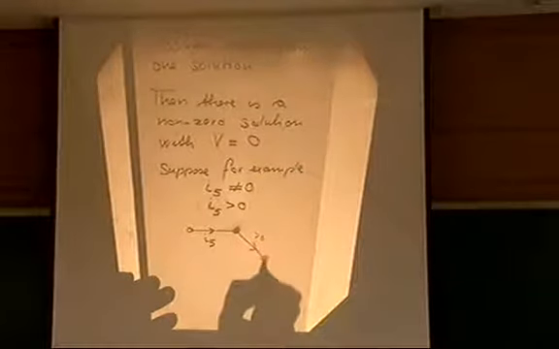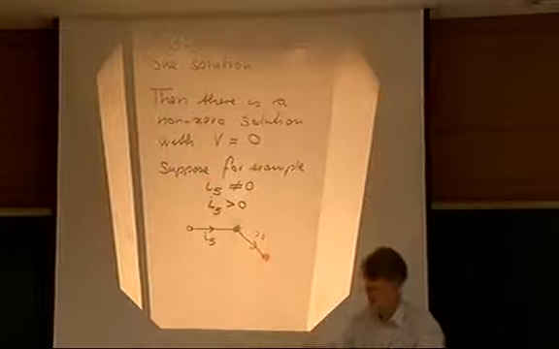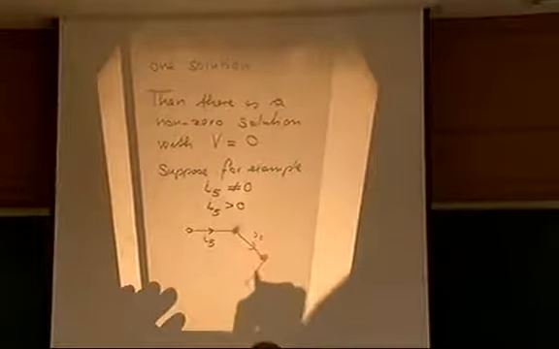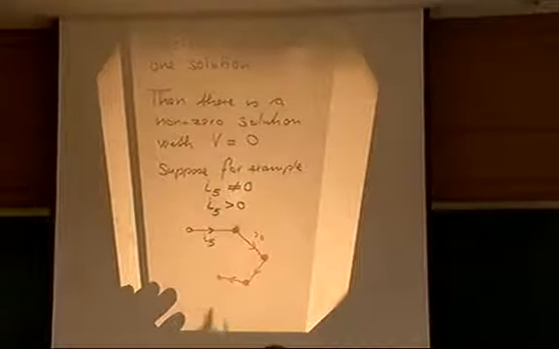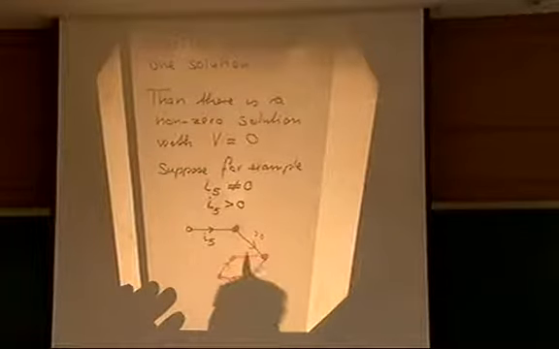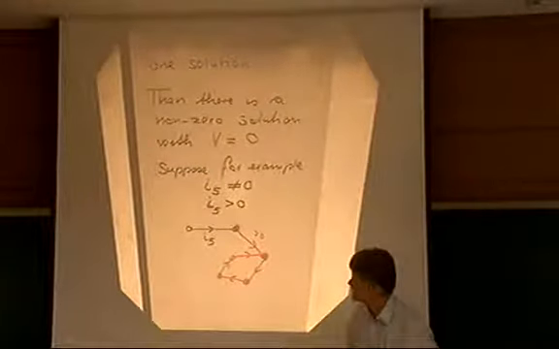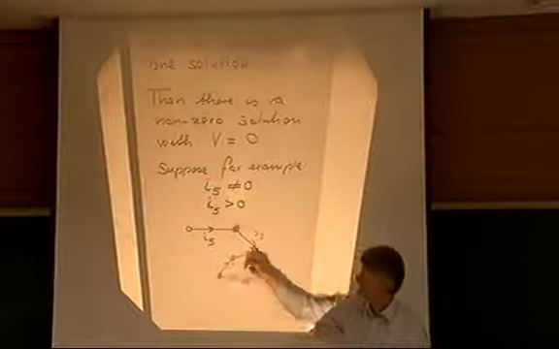Since there's positive current going into that vertex, there will be some positive current going out of that vertex. There will be some positive current going out of this, and of this. So we have positive current, positive, positive, positive. But then look at the voltage drop here.